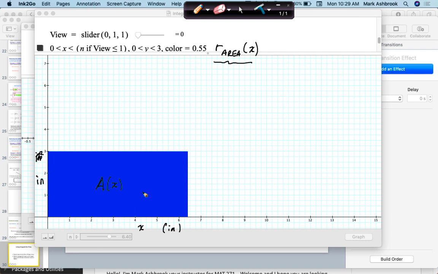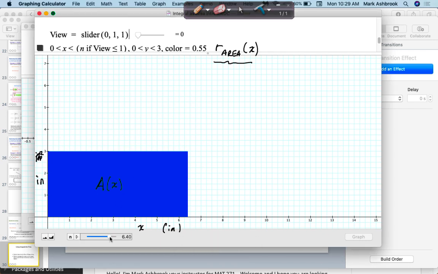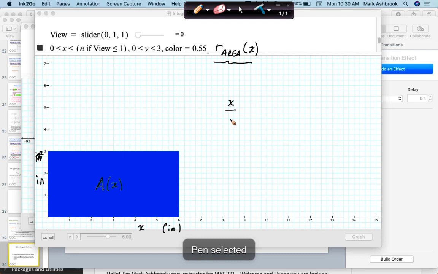So the question is, what is the rate of change of area with respect to x? Let's just look at it here. At x equals 6, what's the area? Area is 18. All right, we'll call that x initial, x initial is 6.